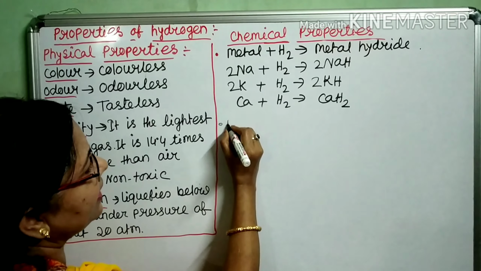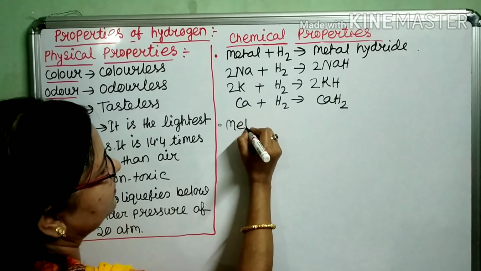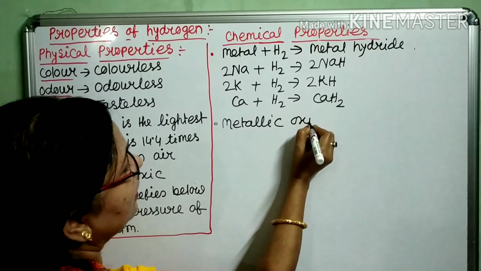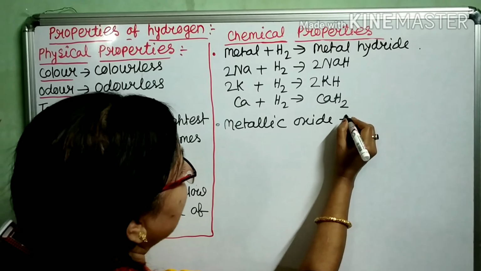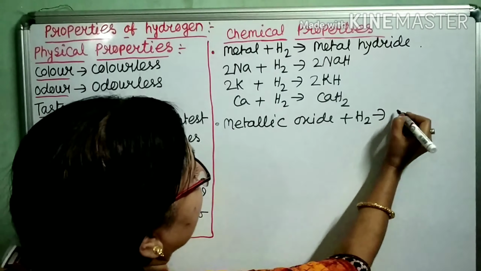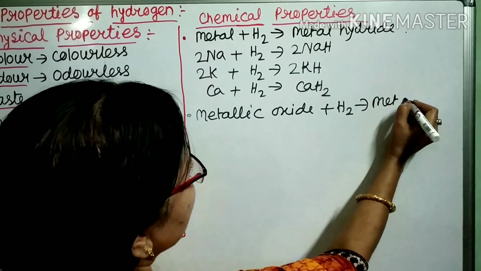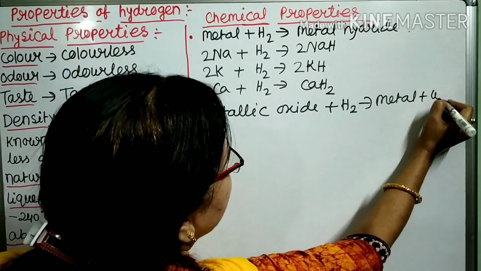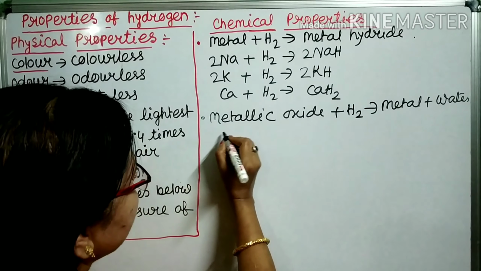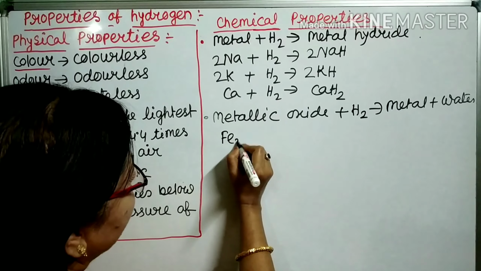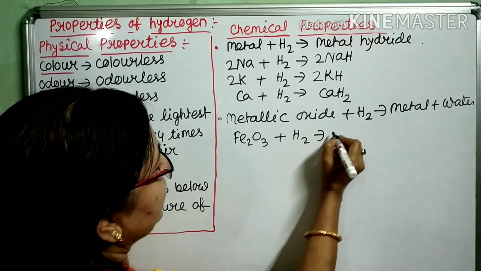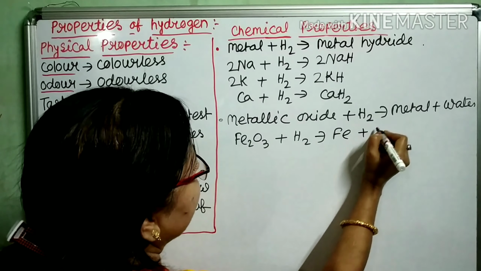Next, when a metallic oxide reacts with hydrogen, metal plus water is formed. See the examples: Fe2O3 plus H2 gives Fe plus H2O.